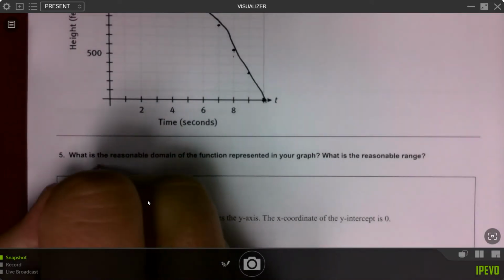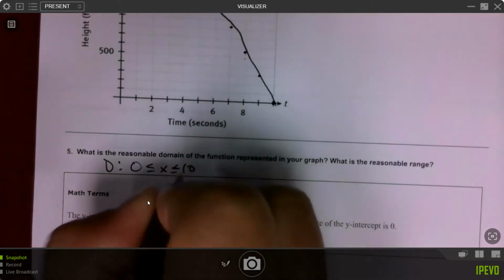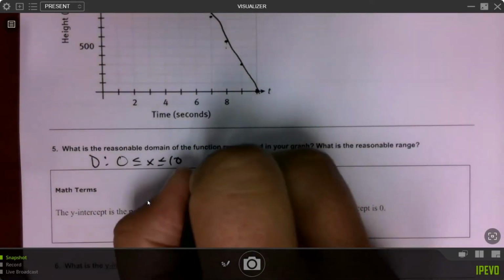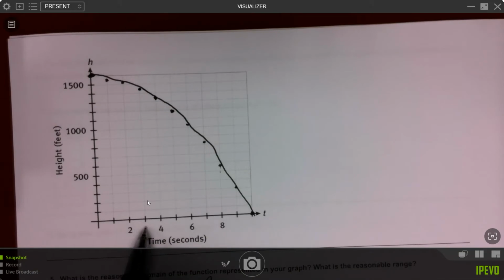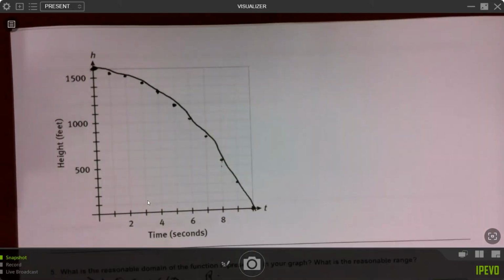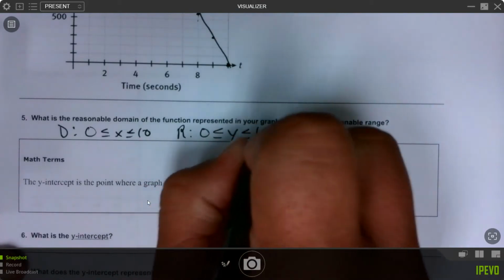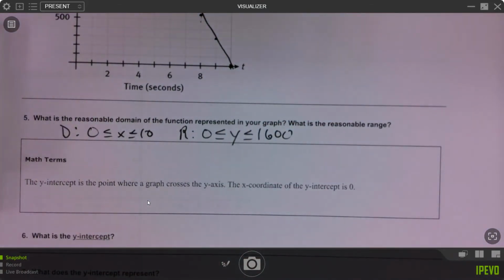So my domain is between 0 and 10 seconds. The range: the lowest y value is 0 and the highest y value is 1,600, so it's another one that's in between, between 0 and 1,600.